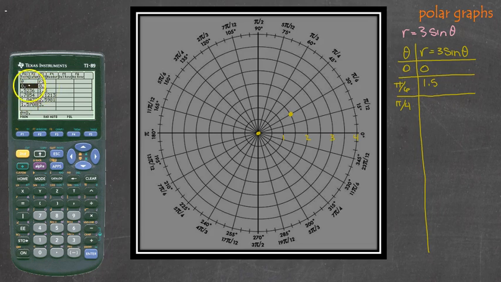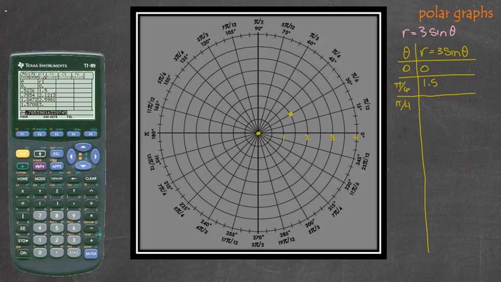So my next one, I don't want to assume that my next one is pi over 4, because I don't really remember what I was messing around with. I'm going to go to the next place in my table. I'm going to press enter, and it takes me down here, which means I can ask it to tell me the value for this function, because this function is already stored right here.